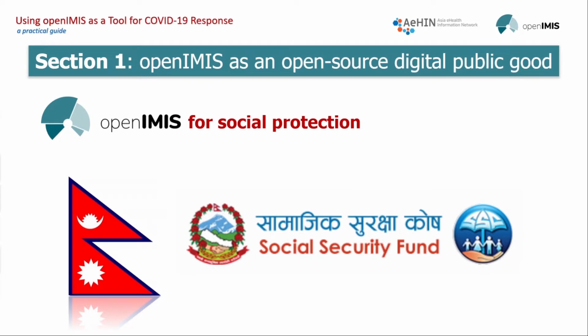This is also beneficial for employers, health facilities, and scheme implementers, as EIIs also translate to better coordination while reducing operational and logistic costs. Nepal has been implementing an EII scheme using openIMIS since 2019 through its Social Security Fund, servicing more than 130,000 employees and 11,800 employers.